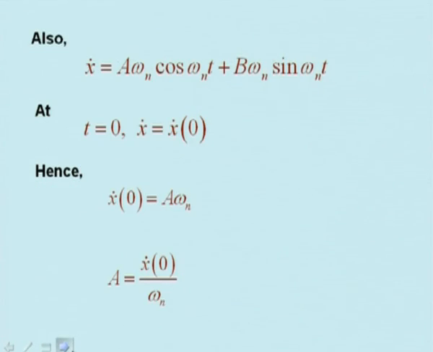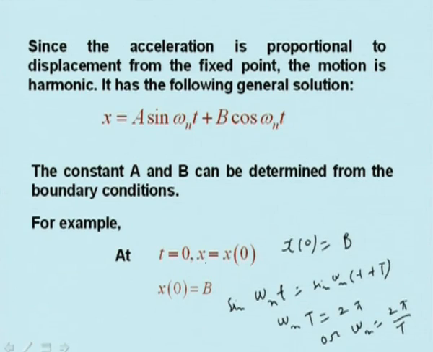Now let us say at t is equal to 0, x is equal to x0, and x0 is equal to b.